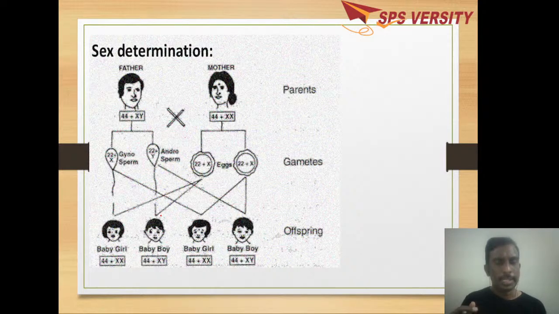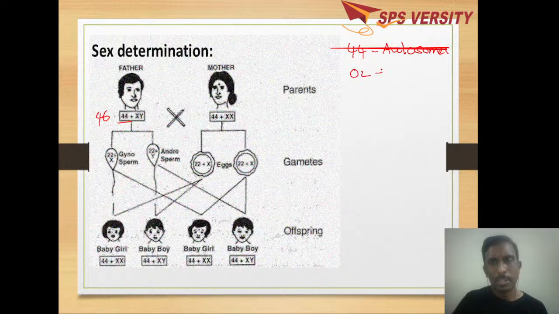Now when we come to sex determination in humans, how is sex determined? In humans, there are a total of 46 chromosomes. Of these, 44 are autosomes, which determine the normal body characteristic features, whereas the remaining 2 chromosomes determine the sex of the offspring.